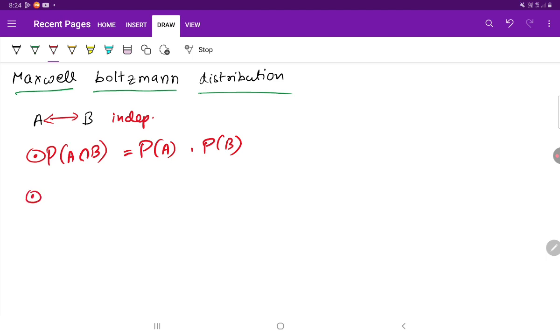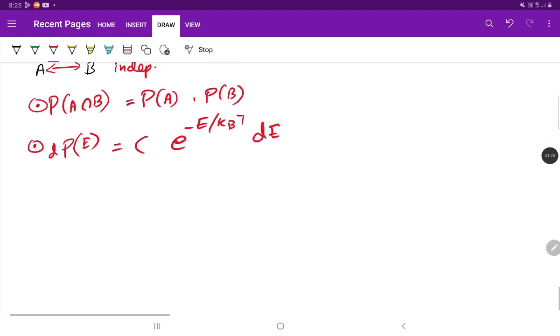The second concept is that if you have a large number of particles, then the probability that a particle has energy between E to E plus dE, that is dPe, is proportional to e to the power minus E by kBT into dE, or you can write it as equal to c times this exponential expression, where c is the normalization constant. Hope you get it.